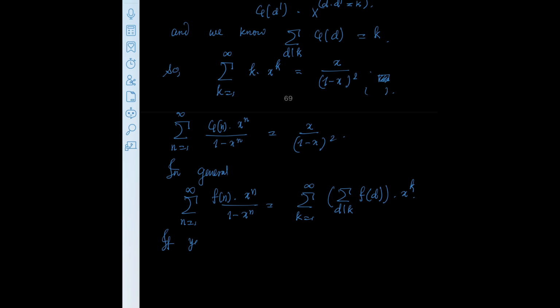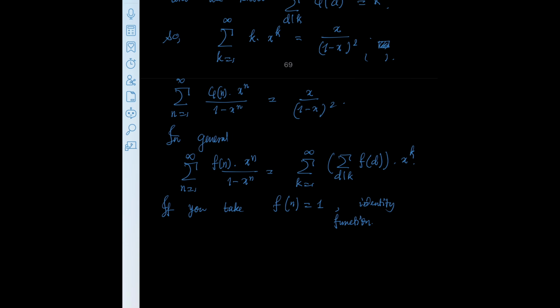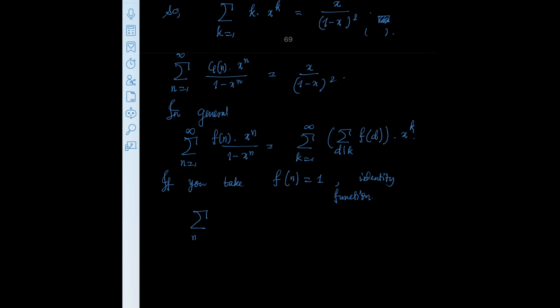So if you choose f to be the trivial function 1, then we have the sum over n from 1 to infinity of x to the power n by 1 minus x to the power n equal to the sum over k from 1 to infinity of the sum over d dividing k of 1, times x to the power k.